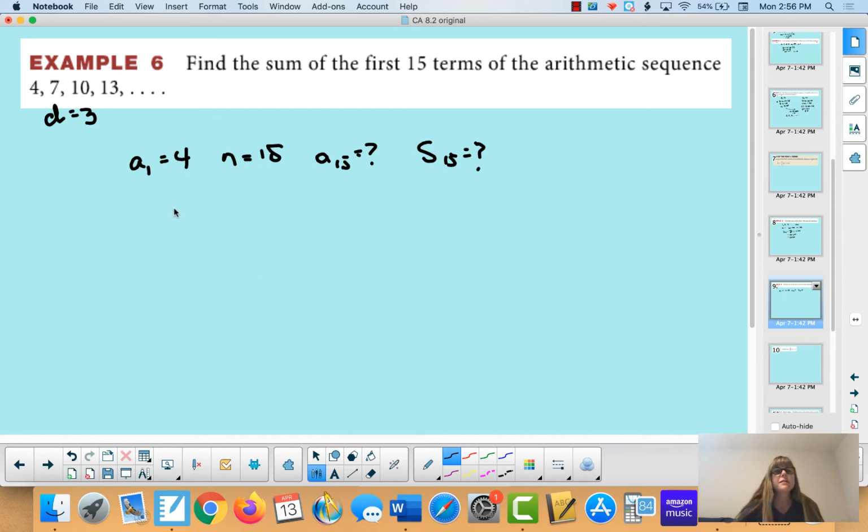So if we want to find the 15th term, we're going to use the a sub n formula. So a sub 15 is the first term plus n minus 1 times the common difference, which we said was 3.